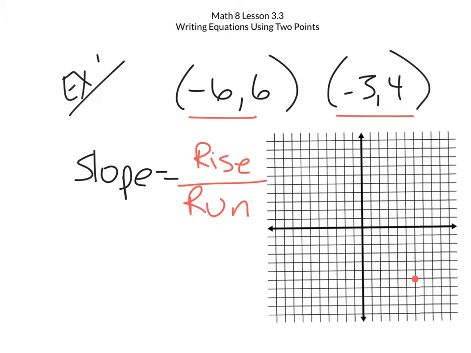So there's my first point. My next point is -3, 4. So down 3 and then over 4. So now you have your equation.